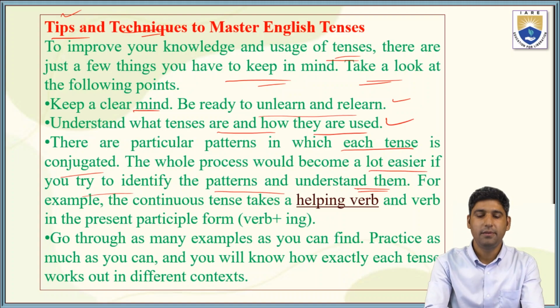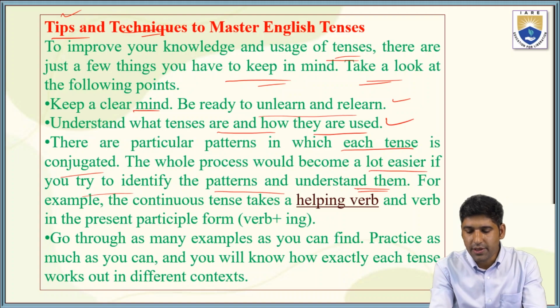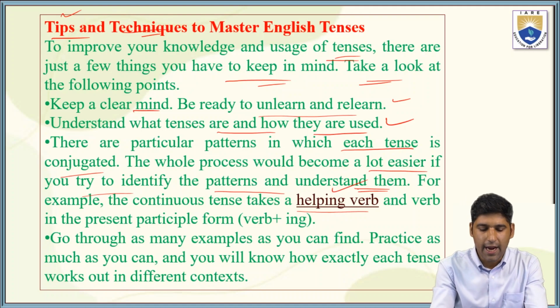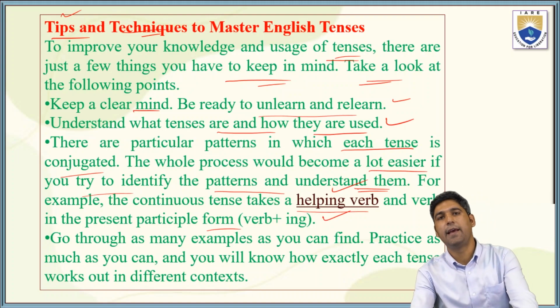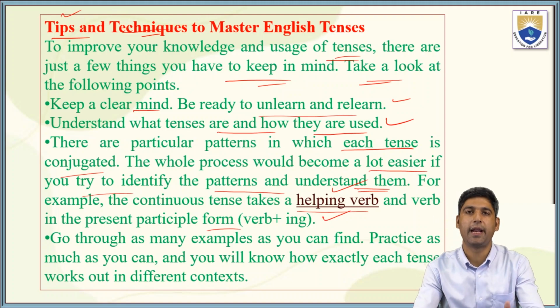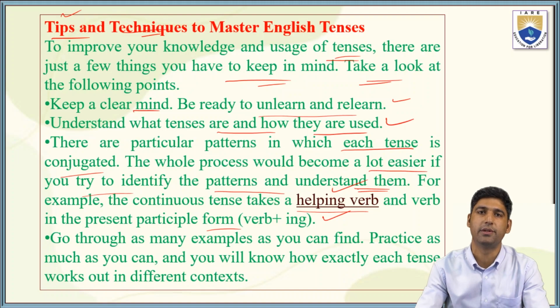So for example, the continuous tense takes a helping verb and a verb in the present participle form, verb plus ing. As I gave you the example of present indefinite, now I am giving you an example of present continuous.